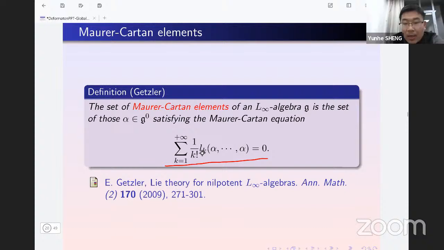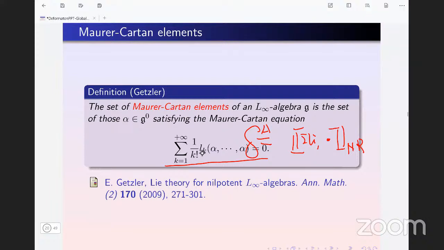Sure, we can. Just now we have this Nijenhuis-Richardson bracket, and then you define delta to be the bracket with sigma. You can define delta by this formula, and then it is the coboundary operator. But you must have a Maurer-Cartan element to define it.